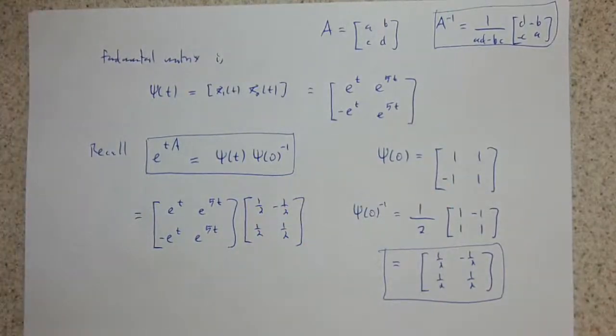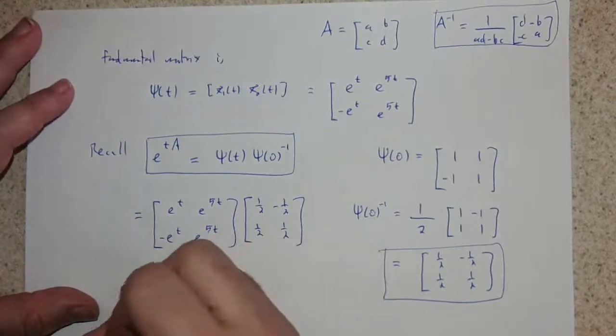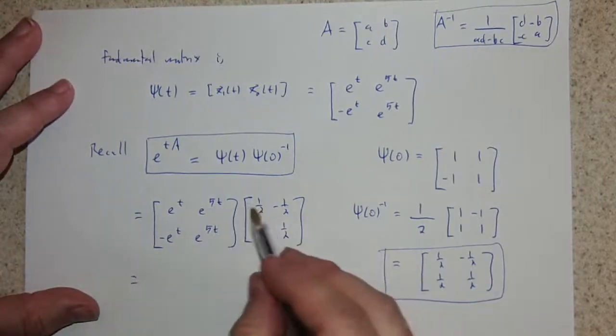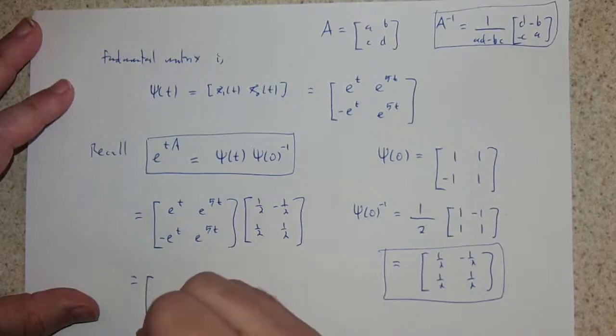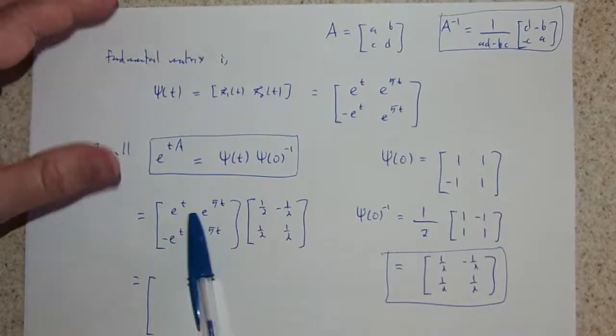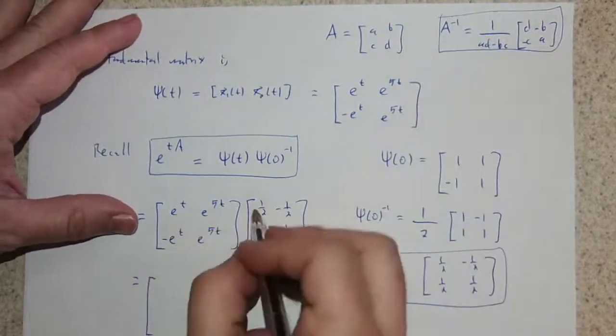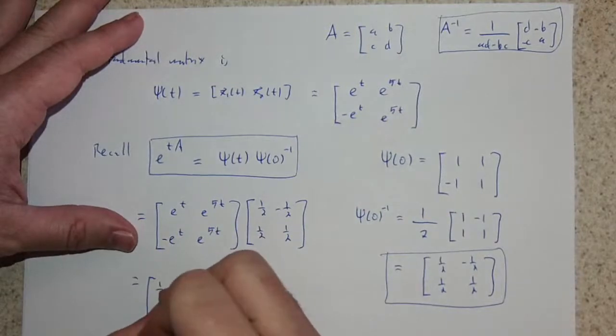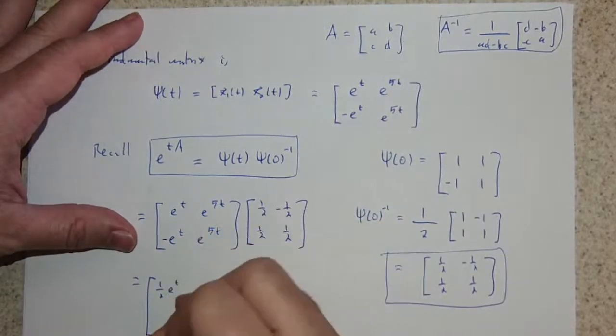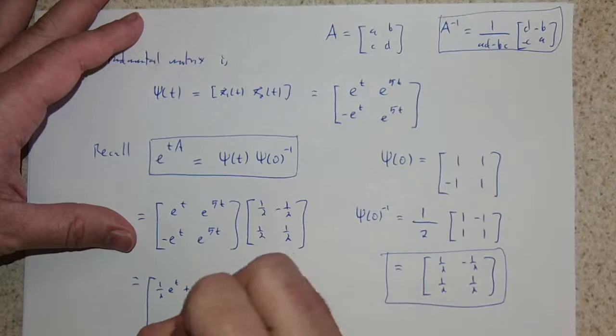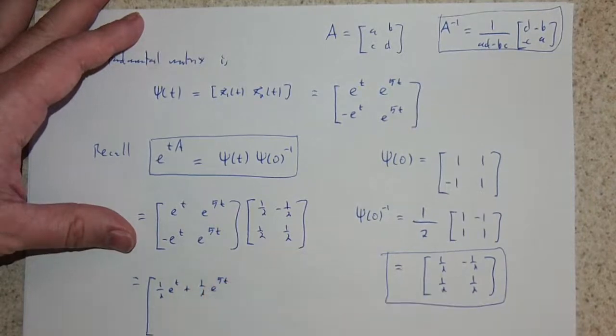Okay. And then doing this matrix multiplication, so what do I get here? This would be 1/2 e to the t plus 1/2 e to the 5t in the first slot.